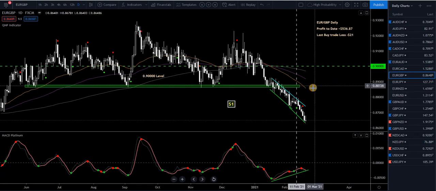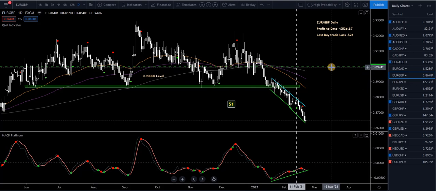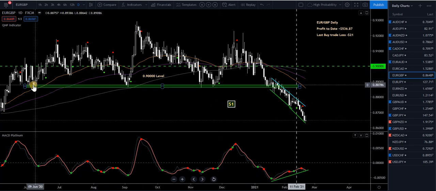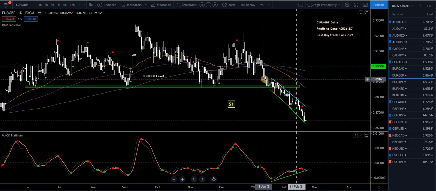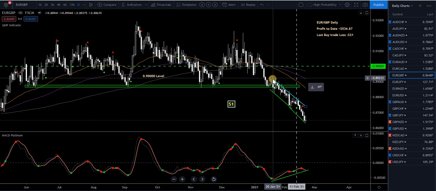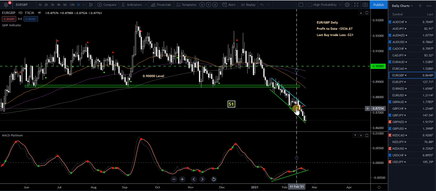Euro pound, no trades on at the moment. The big numbers, the green line's a 90-cent level. There was a support. It's been broken, so we can probably just leave that or get rid of it. Trend line, I did take a buy on here. It was a high risk trade into the trend, and I got stopped out, so I took a loss of $21 on that buy trade. So that's the only reason that grey line's there, just to remind me I did take a buy.